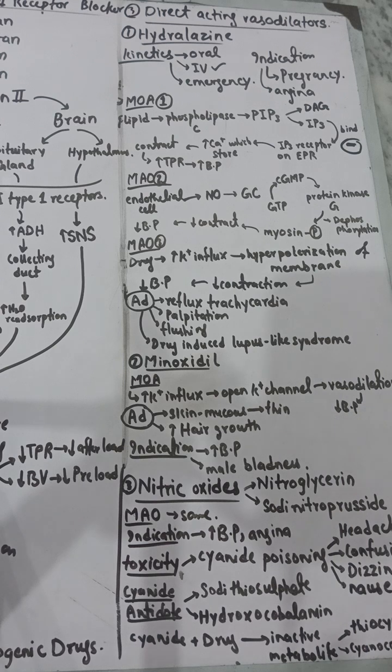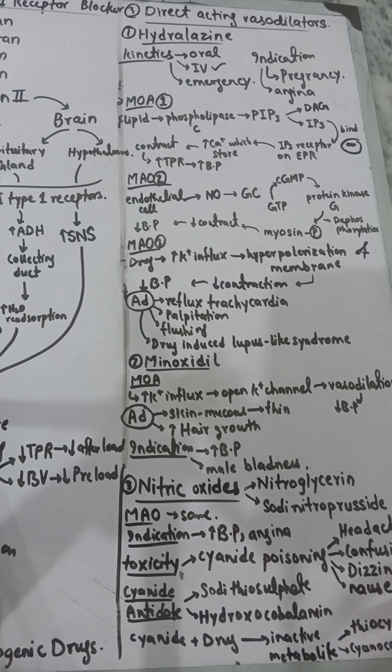One concept you should remember is that in every normal person, the endothelial cells release nitric oxide. But if a patient has some damage in the endothelium and it is not releasing nitric oxide properly, then we give this drug.